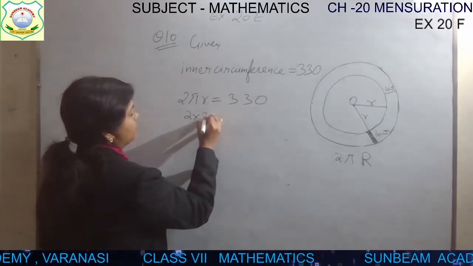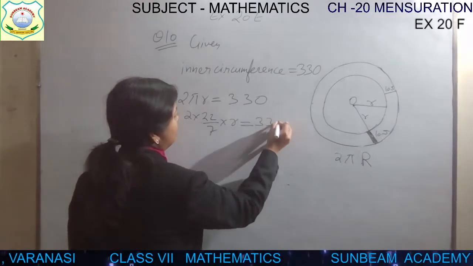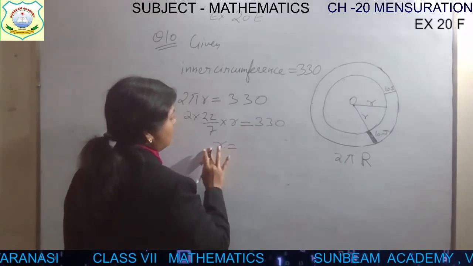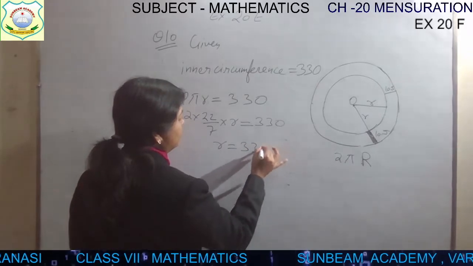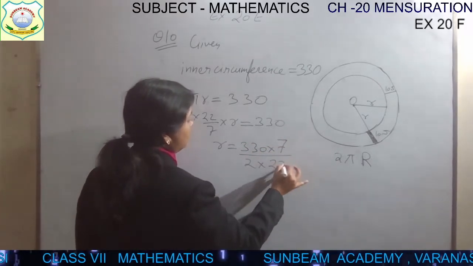2 into 22 by 7 into r, it is equal to 330. So radius is equal to 330 into 7 divided by 2 into 22.